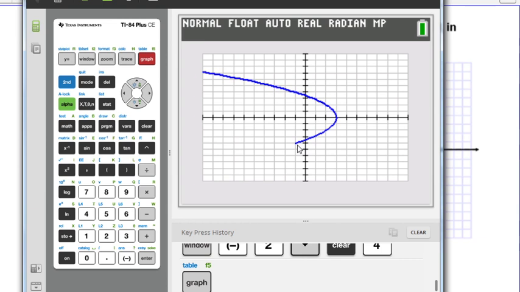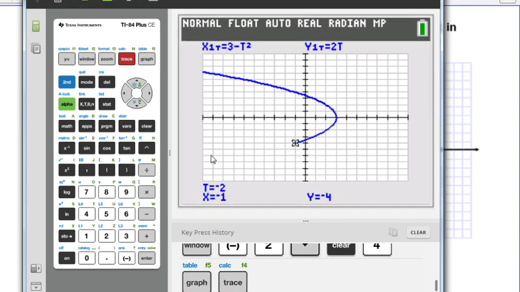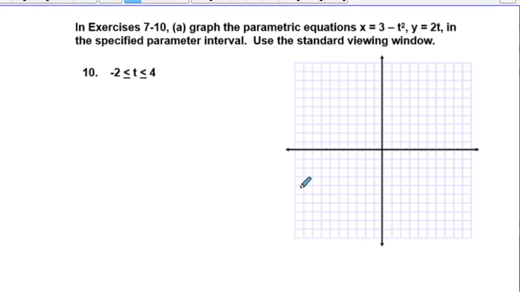Okay, very much the same, except we're starting right here. I'm going to go to trace, and we start out at -1, -4. Go over here. So it's the same type of thing, except a different starting point, and we trace in this direction. So -1, -4 is where we're starting.